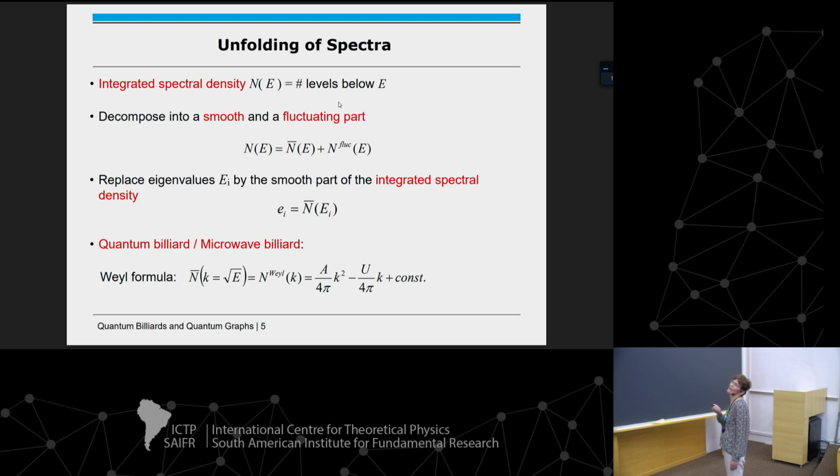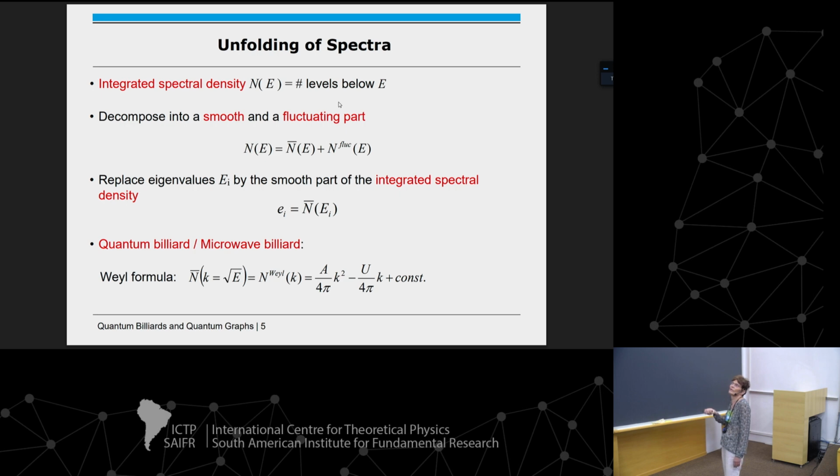I mentioned it, and Thomas Guhr also mentioned it. To get this unfolding, you count the number of eigenvalues below a given E, and then you plot it. You will get a staircase function, and to get the smooth part, you can fit some polynomial. In case of a quantum billiard, it's very simple.